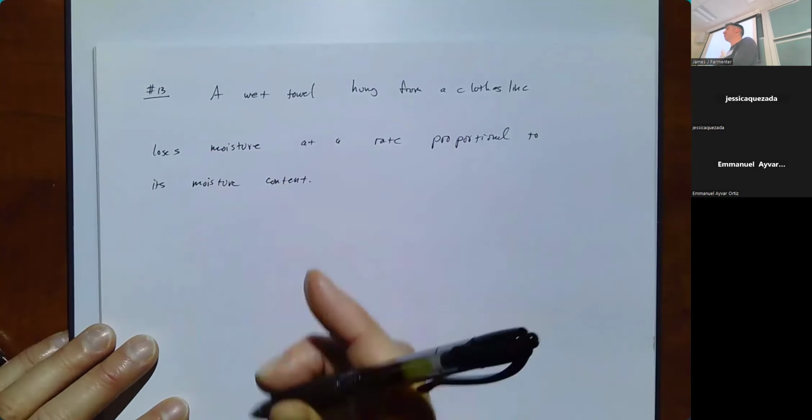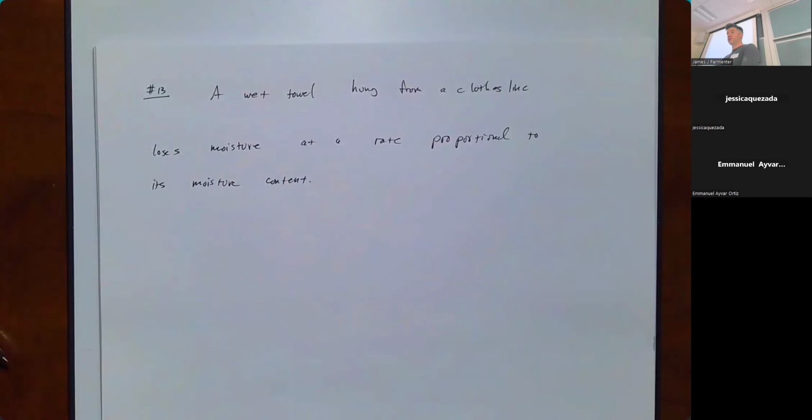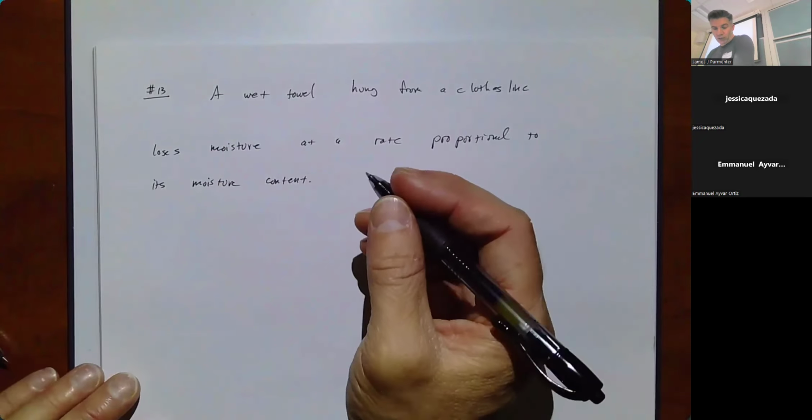Or in other words, the more moist it is, the faster it will lose moisture. The less moist it is, the slower it will lose moisture, because of proportionality.